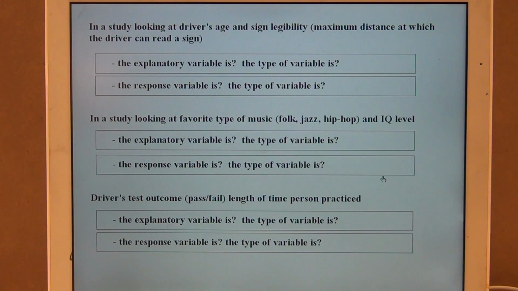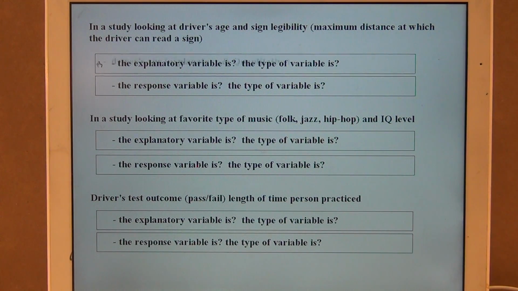Will older people not see as far as younger people? So this is a study that was looking at that. The explanatory variable in this study would be, and what type would it be, categorical or quantitative? We'll give you a chance to think that over.